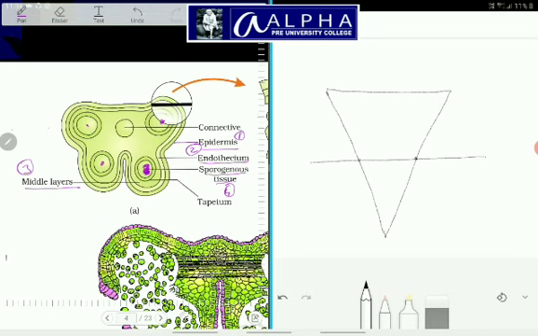Now at the corners you mark the points. 4 points are there, and you draw circles keeping these points at the middle. You draw 4 circles like this. These circles are the circles where we are going to write microsporangia.